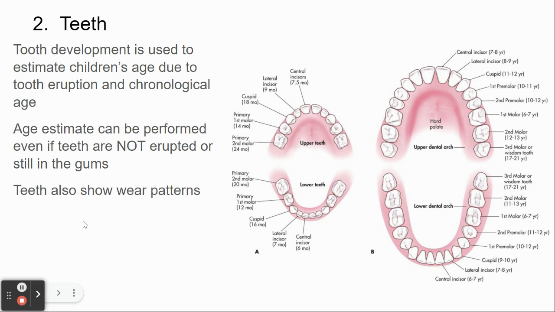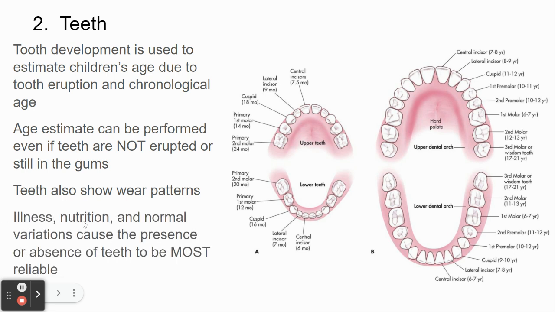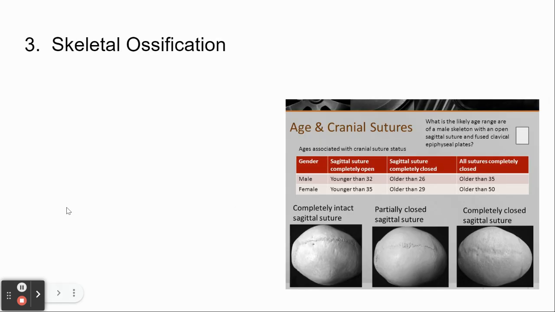Again, wear and tear patterns on teeth indicate foods that individuals might have eaten, and an approximate age based on the amount of tooth damage that's been done. Lots of other things can influence how our teeth are going to grow and the condition that they're going to be in, and so that does provide a few more pieces of evidence that can be used to identify age of an individual.